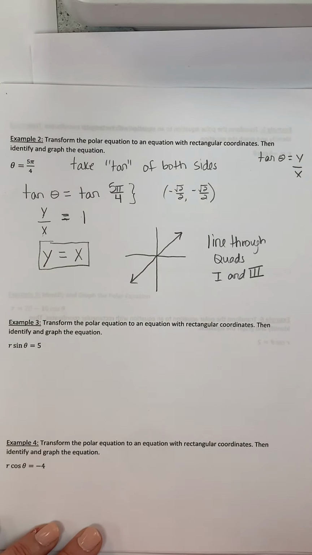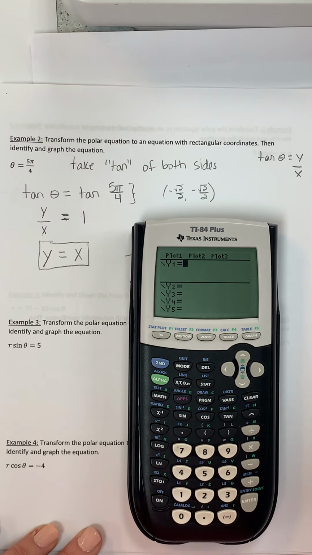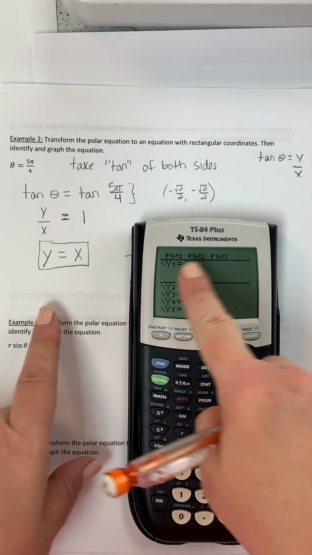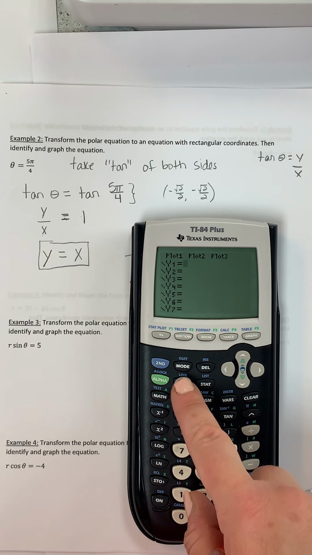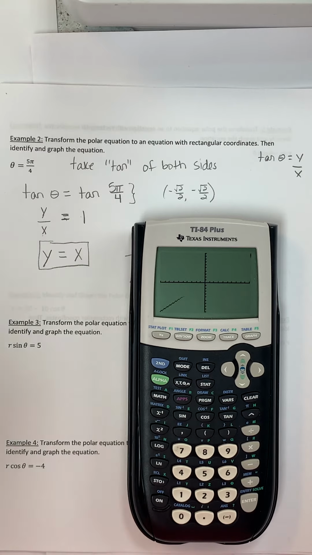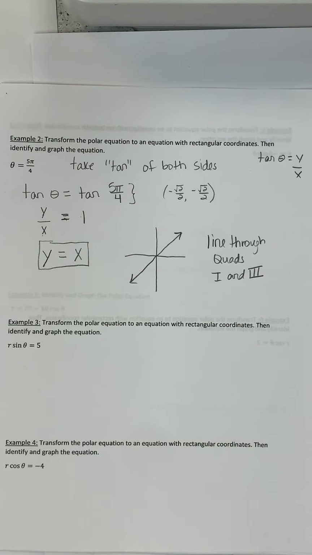And there we go. If you weren't sure about that, remember, put yourself back in function mode. Y equals. All I'm going to do is hit X. And there it is. There's my graph. And that's the one that I would click on.